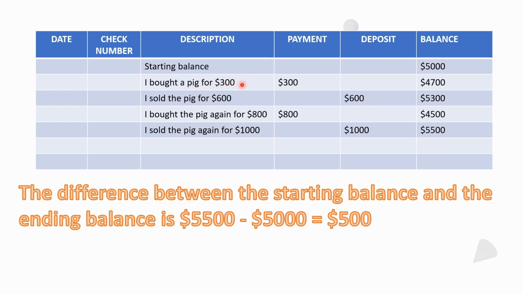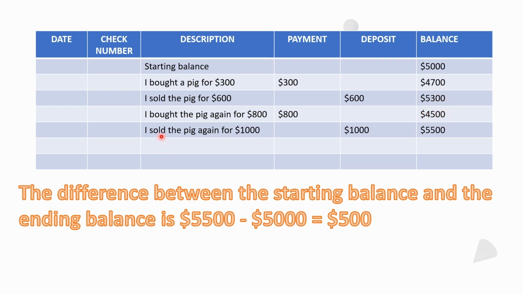I bought a pig for 300, right? Subtract 300 from my 5,000, I have $4,700. I sell the pig for 600, so I add $600 back in. I go from 4,700 to $5,300 in my account. I buy the pig again for 800. Subtract that 800 out of the 5,300, that leaves me with $4,500.